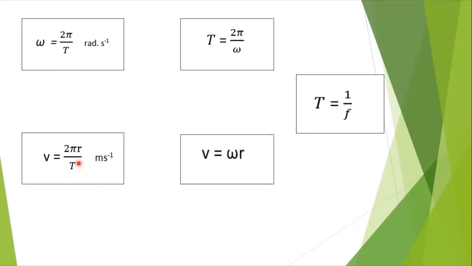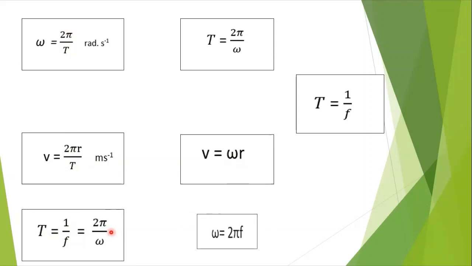But since omega is 2 pi over T, and we have 2 pi over T here, then v equals omega r, where r, of course, is the radius. And since T is 1 over f, and T also equals 2 pi over omega, a quick rearrangement leads to omega equals 2 pi f.